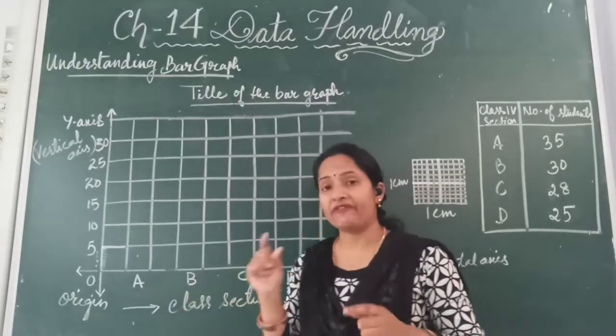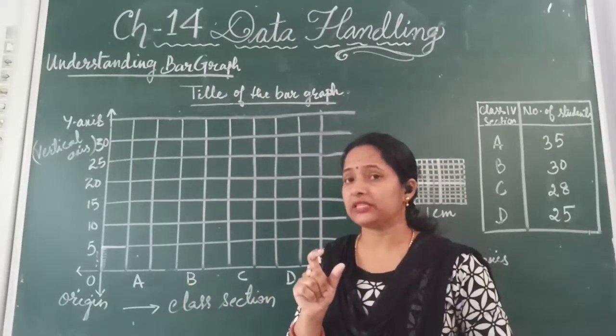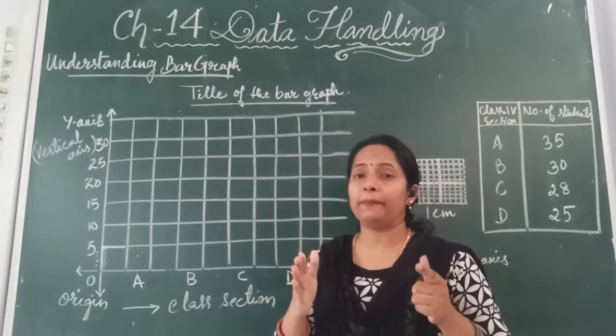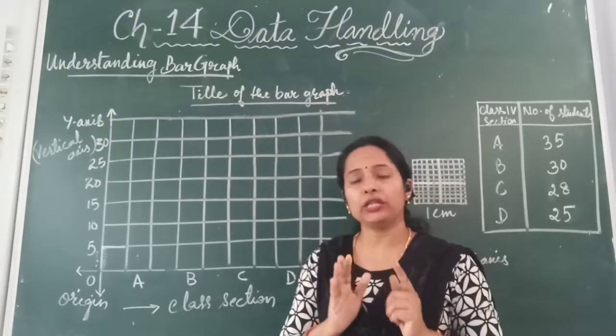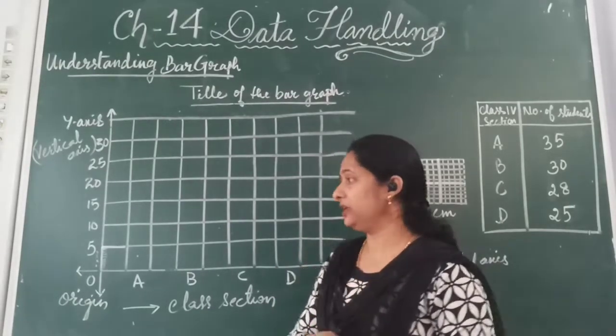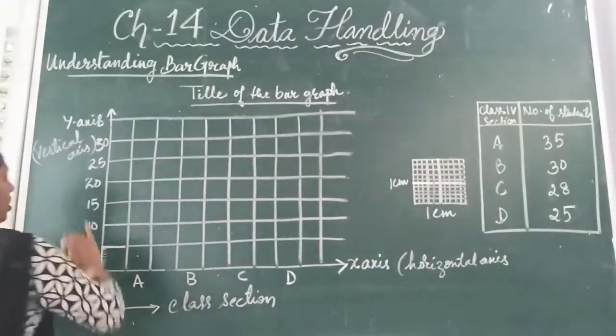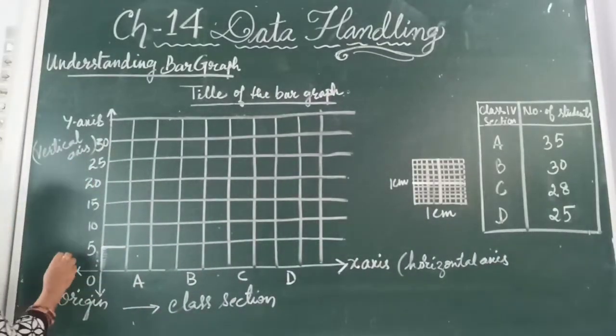As well, the width of the bars should also be the same. You shouldn't draw one bar very broad and one bar very thin. All the bars should have the same width. Now, here along the y-axis we have taken which data?